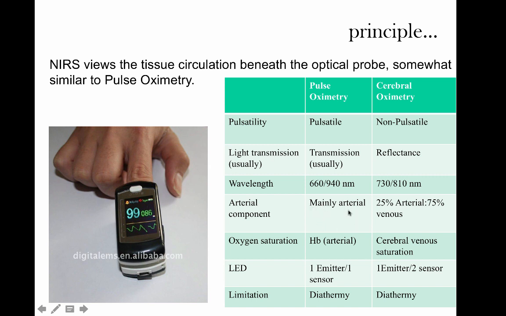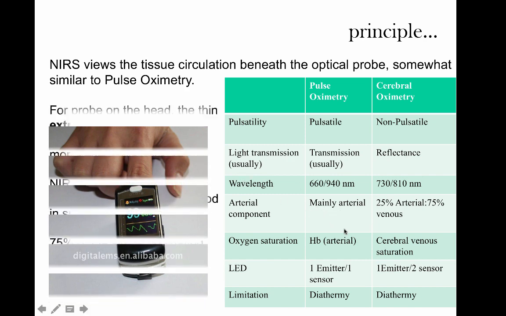It's mainly looking at the arterial component in pulse oximetry, where in the brain, when we're measuring cerebral oximetry, it is a ratio of arterial and venous blood, 25% arterial, 75% venous. So cerebral oximetry is neither arterial nor venous blood completely. It is a regional saturation. Pulse oximetry is going to be an arterial saturation.